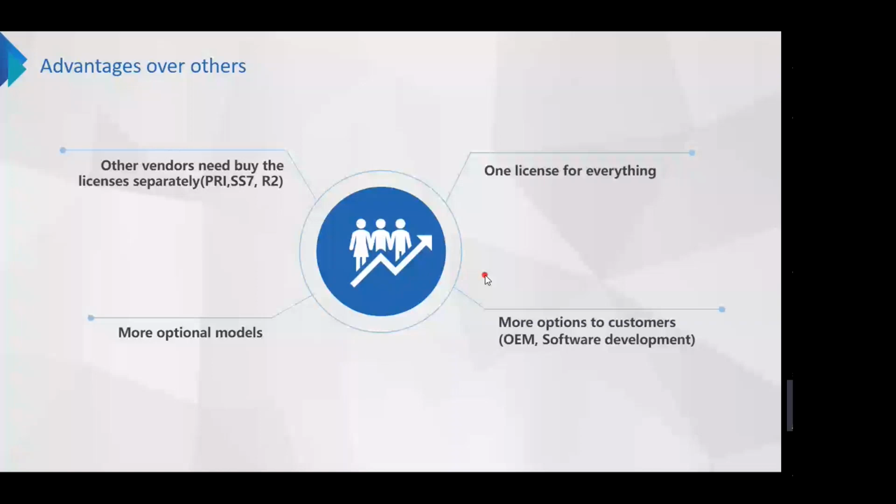For example, with some vendors, if you use the SS7 or R2 protocol, you have to pay an extra license fee to get support. So I think you will be at risk, with a potential charge for you. Sometimes, if you have PRI and you want certain features, some vendors also offer the features, but you also have to pay more money.